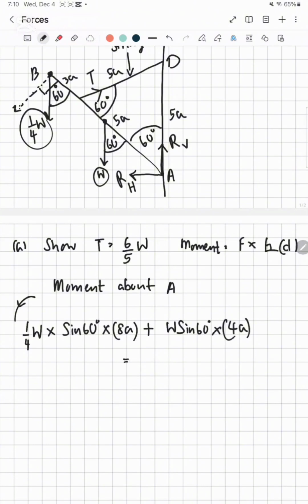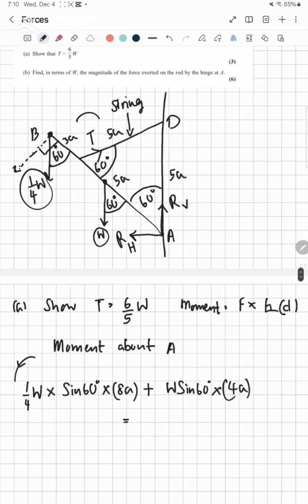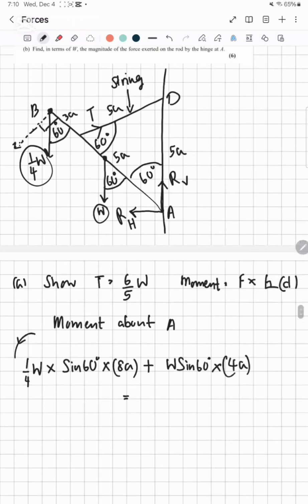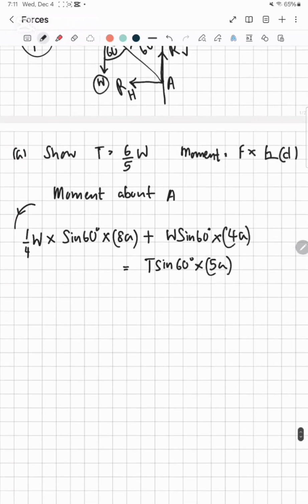Then tension is in the clockwise direction, right? So you can put your equal sign and write tension on the other side. You can resolve that too. You can write T sine 60, resolving it this way so it's perpendicular to the distance, into 5A. Now sine 60 cancels off.